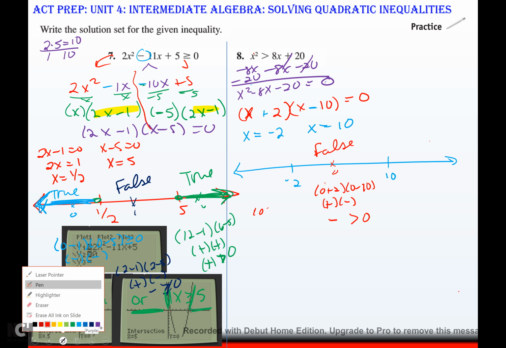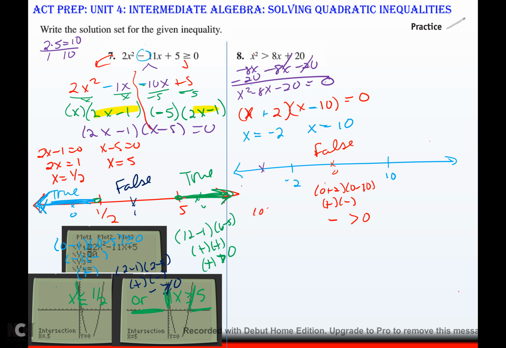So let's check an end. How about negative 3? So I'd have negative 3 plus 2, negative 3 minus 10. That's going to be a negative and a negative, which is a positive, which is always greater than 0. So this is true, but not included. And test something over here, like maybe 11.